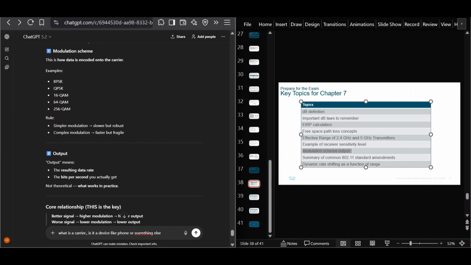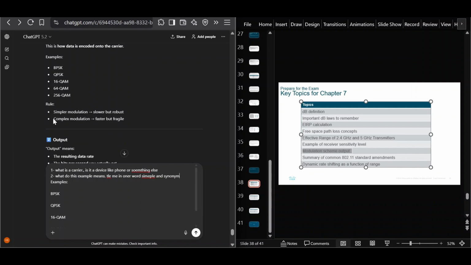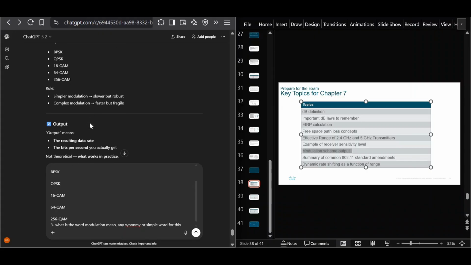Complex modulation, and throughput is the resulting data rate. Simple modulation is slower but robust; complex modulation is faster but more fragile.